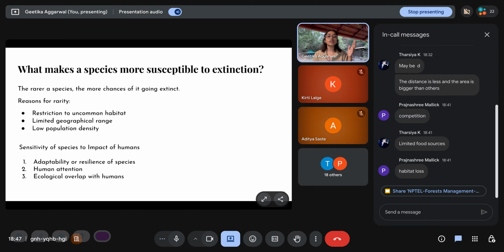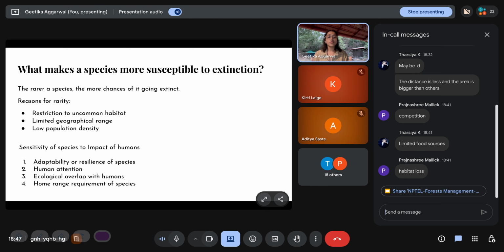And humans, in response, will either try to kill the elephant or drive it away. Because there's a lot of ecological overlap with humans in space, eventually humans will win, as we all know, and the species will get affected by that, right? Then, the home range requirement of the species, a similar thing.